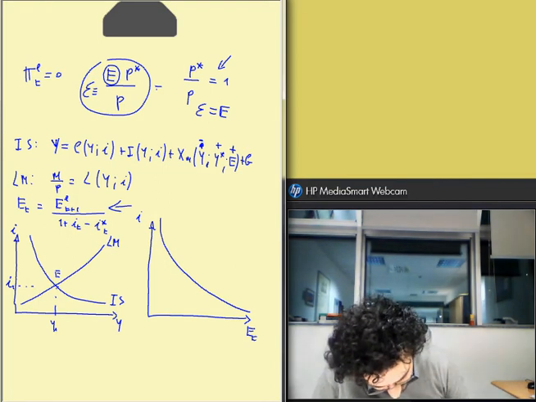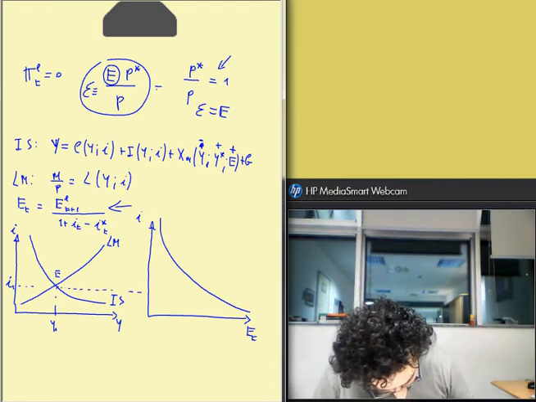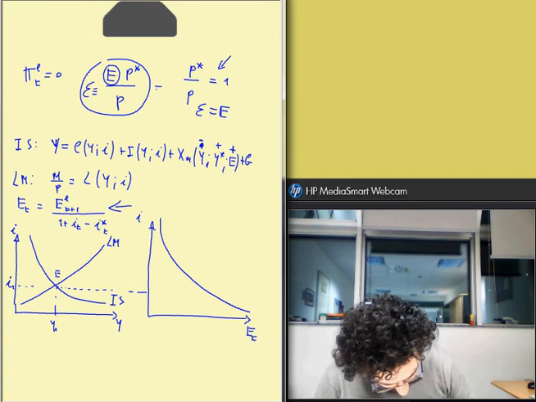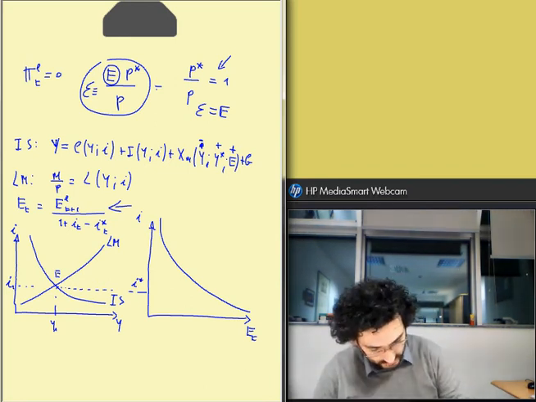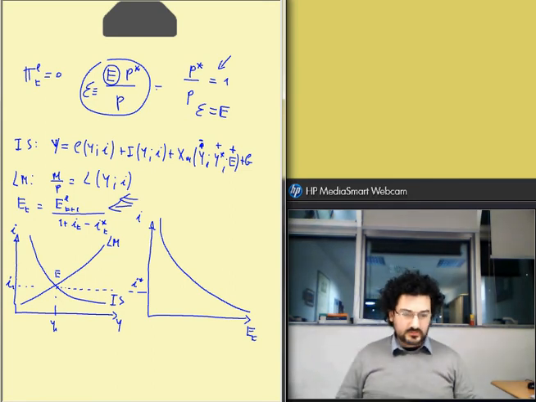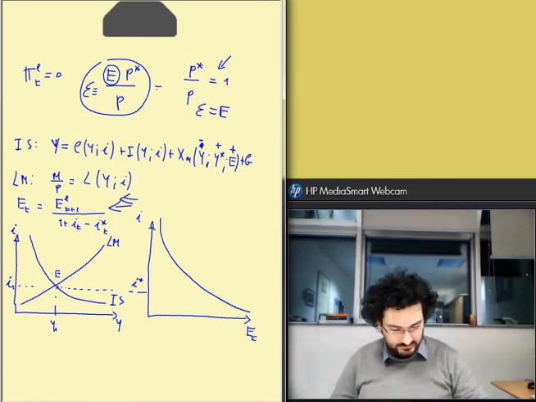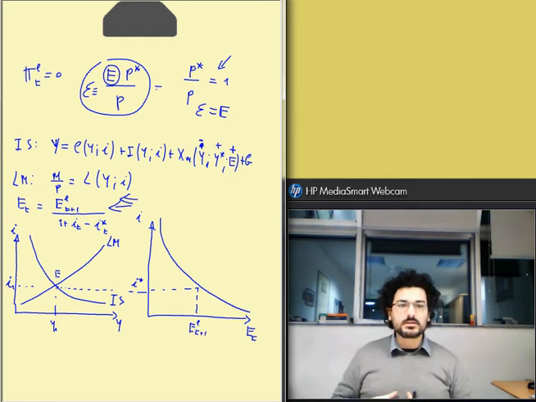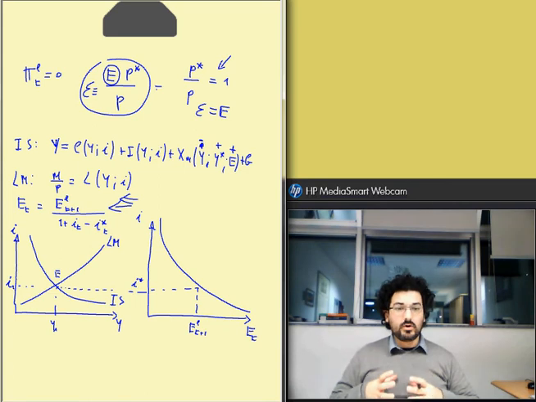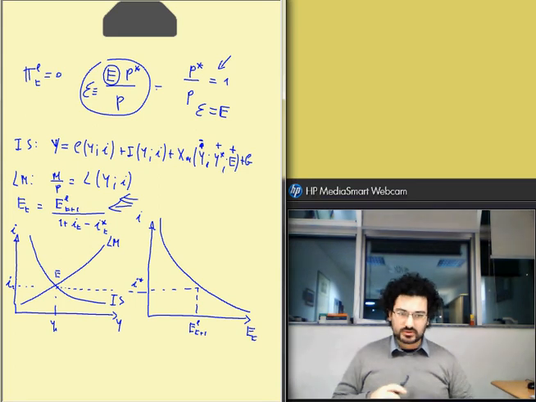Now, we start with an initial equilibrium condition in which the interest rate is equal to the foreign interest rate. In this equation, this means that the current exchange rate is equal to the expected exchange rate.